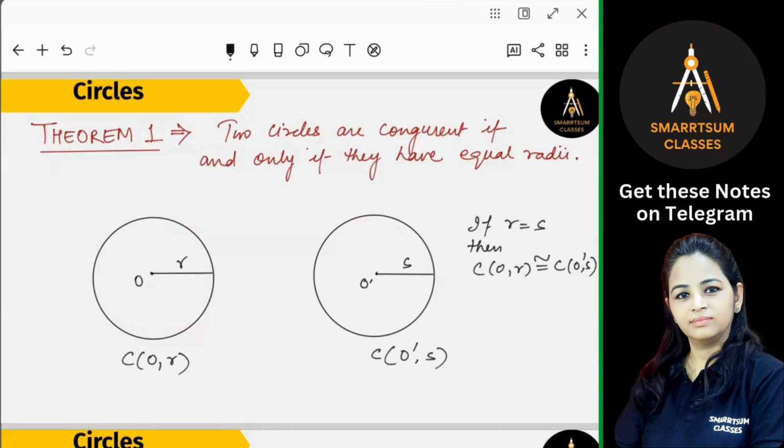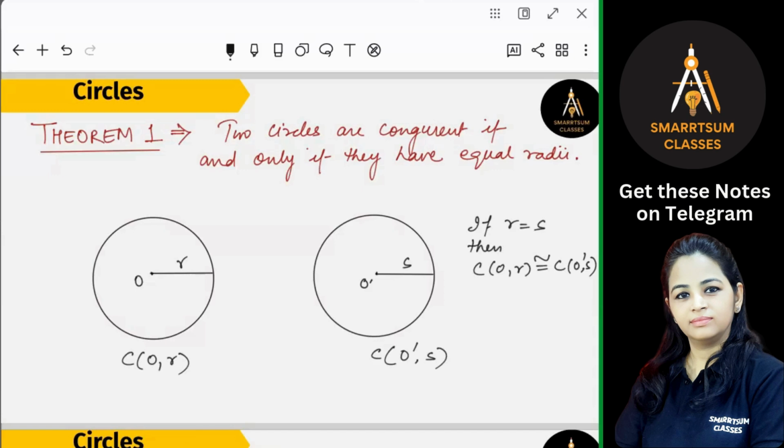What is the meaning of congruency? It means that if we place one circle over the other, they will coincide. Their centers will coincide. They superimpose each other. They totally cover each other, right? Such figures are called congruent figures.